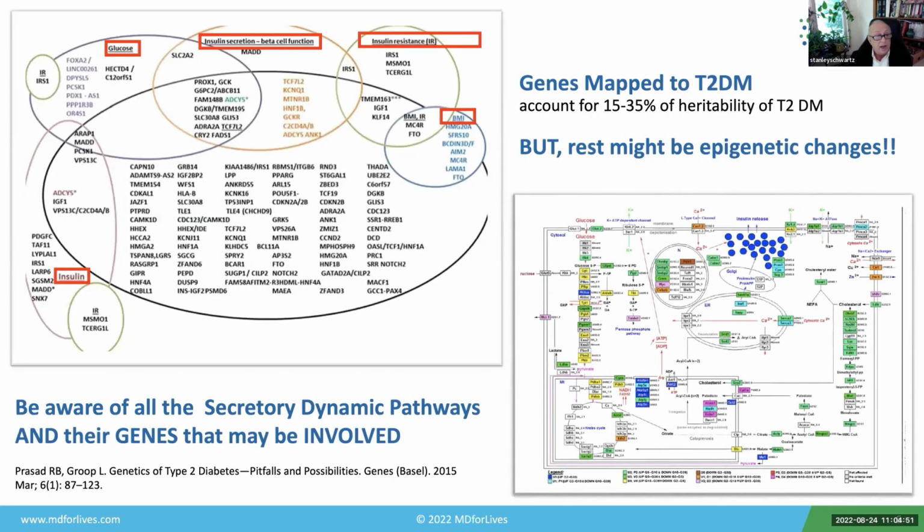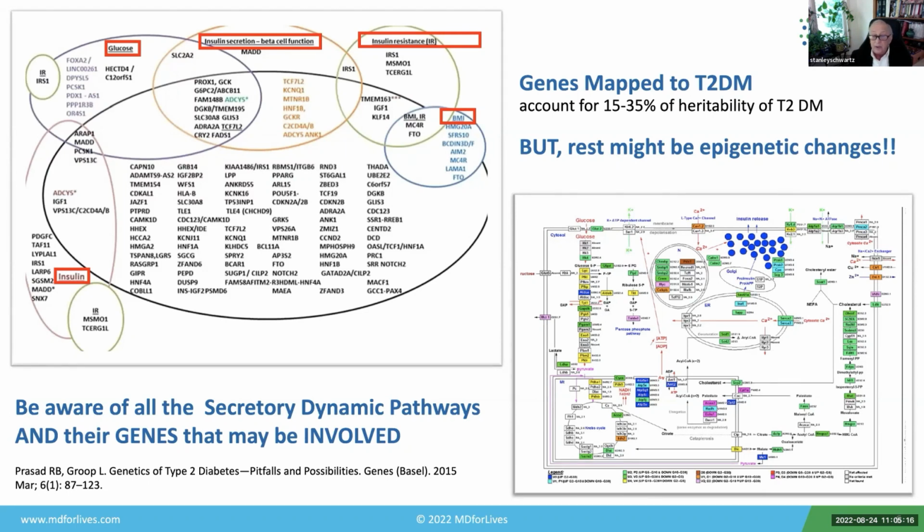On the type 2 side, you can see type 2 genes can be related to insulin secretion, insulin resistance, and BMI. Be aware that on the right are the secretory dynamic pathways and the genes that may be involved.